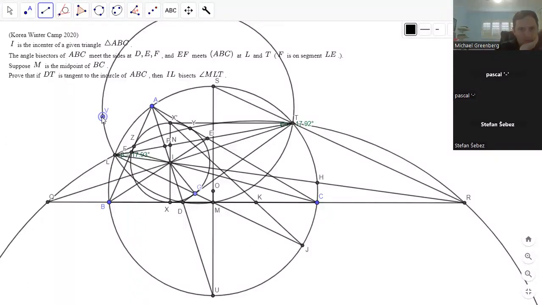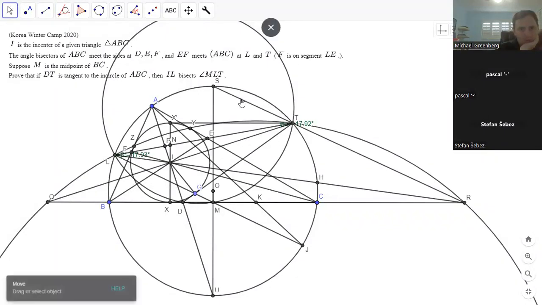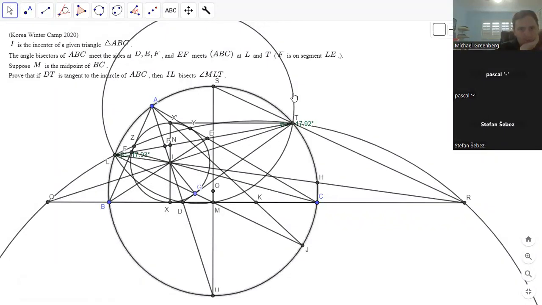Let's see, so all three of these circles would have the same radical axis, right? So yeah, I don't know if we can use the power ratio lemma or something. So actually, that is an interesting idea. What if we try to use the power ratio lemma?